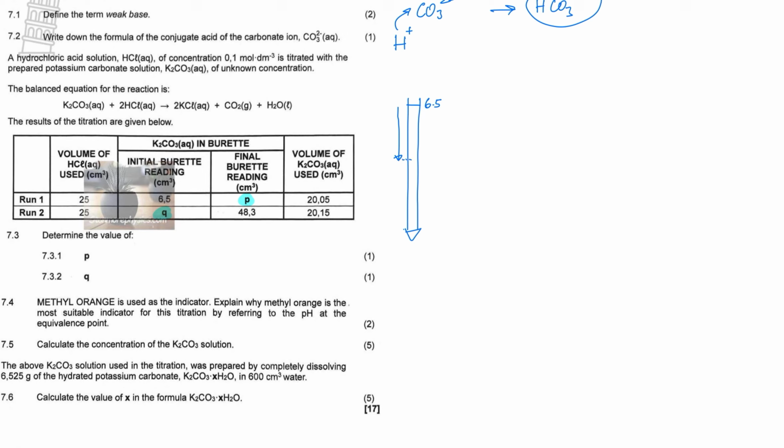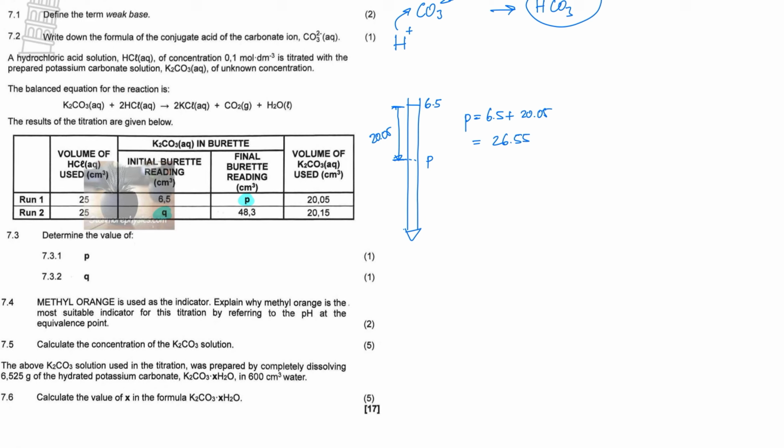And it stops at P. So the numbers increase as you go down. We want to know what P is, and they tell us the volume used. So from here to here is 20.05. So P is going to equal 6.5 plus 20.05, which is 26.55.